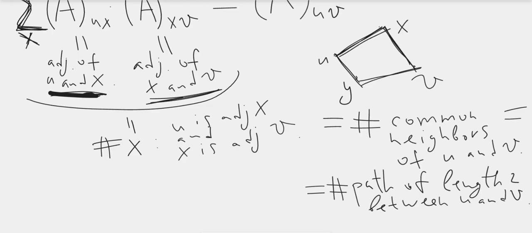Because a common neighbor of U and V is exactly a path of length 2. UXV is a path of length 2. UYV is a path of length 2. So basically we proved the statement for n equal to 2.